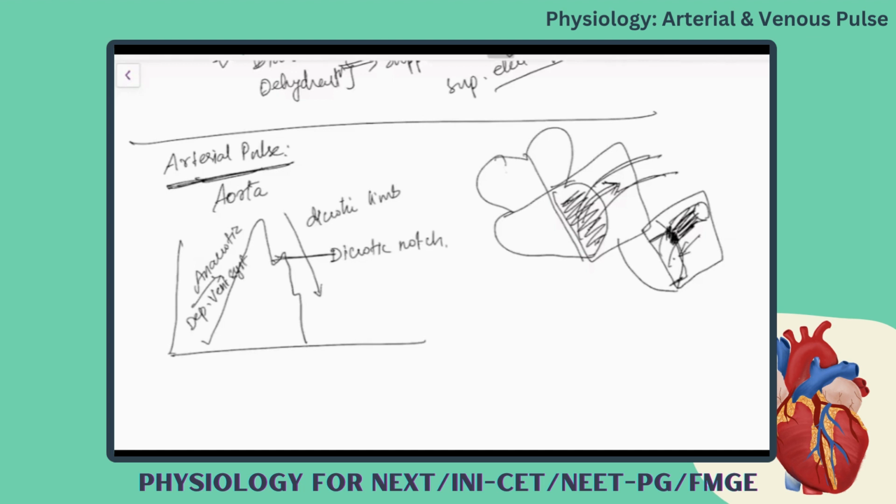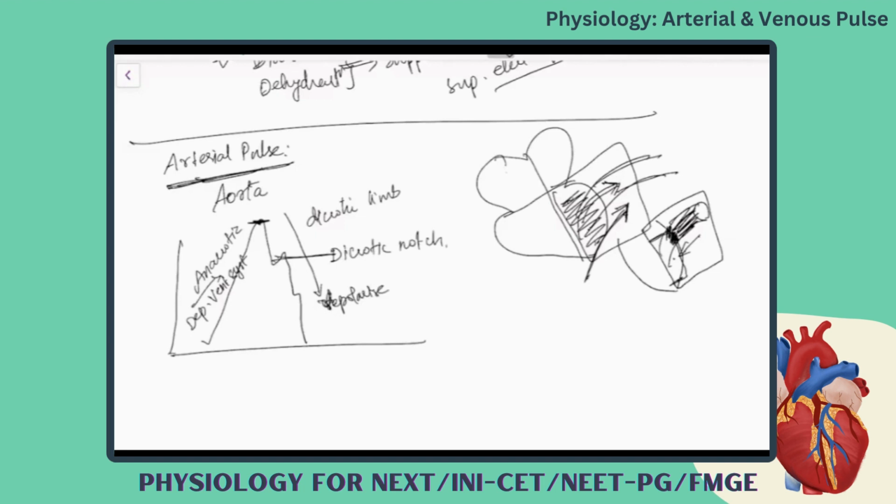So once the ventricle is contracting, it means there is depolarization in the ventricle, which is making the blood enter into the aorta. Later on, when the depolarization reaches the peak, it is going to repolarize.